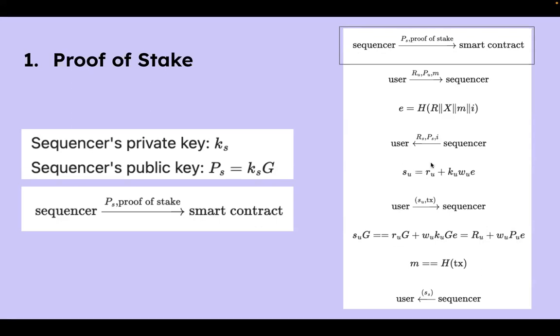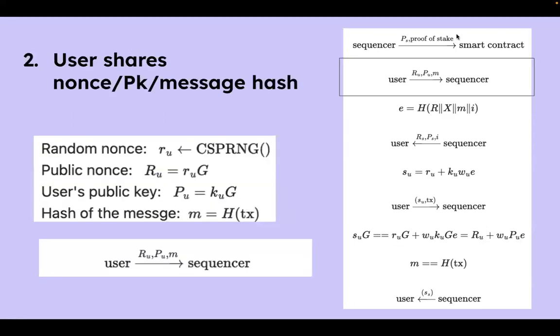So at first we do some proof of stake, and for the next step, the user builds his or her own transaction and computes the hash of the message. M is the hash of the transaction, and then we pick a random nonce value of the user, small r_u. We should be pretty careful here that we are not using the same random nonce value for other things, just like ECDSA.